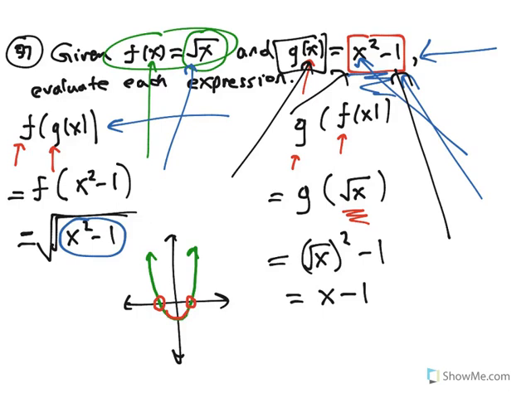So when you think about the domain here for f of g of x, it has to be from -infinity to -1, not including, well, you could include -1, and then union from +1 to infinity.